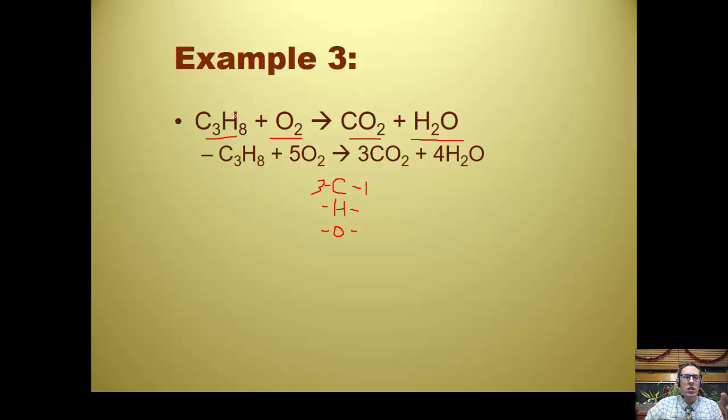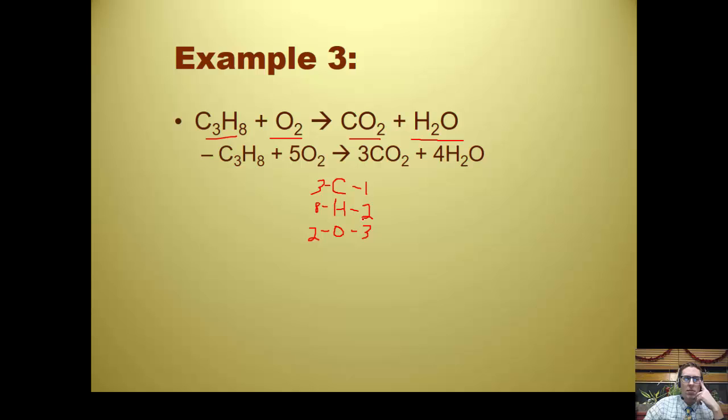We've got 8 hydrogens over here. And we've got 2 hydrogens over here. And then we've got oxygen over here, and we've got oxygen over here. We've got 2 here, and we've got 2 plus 1, 3 oxygens over here.